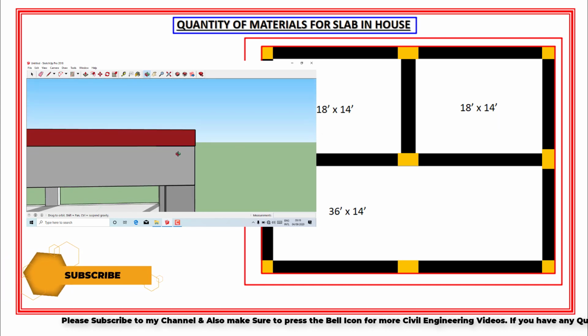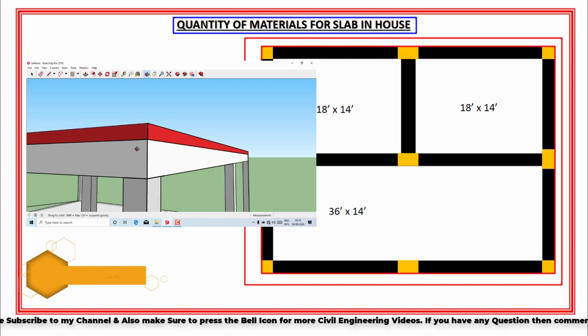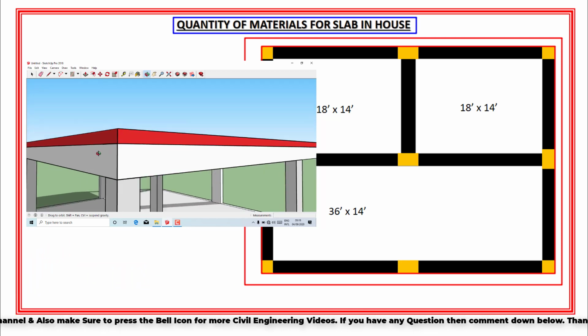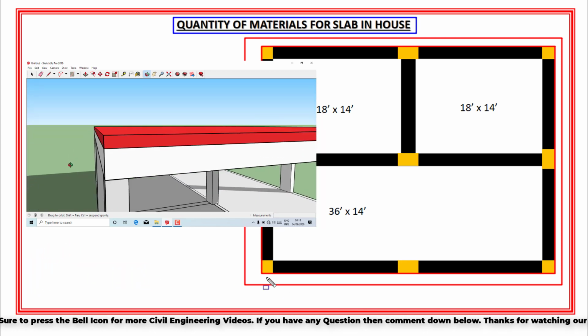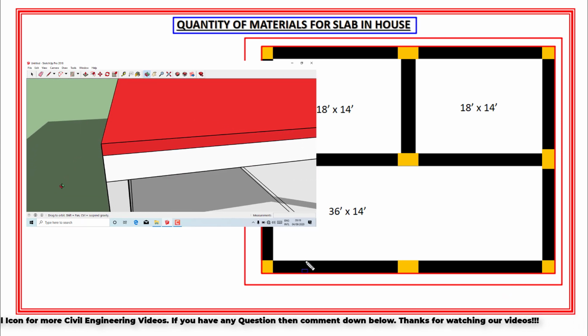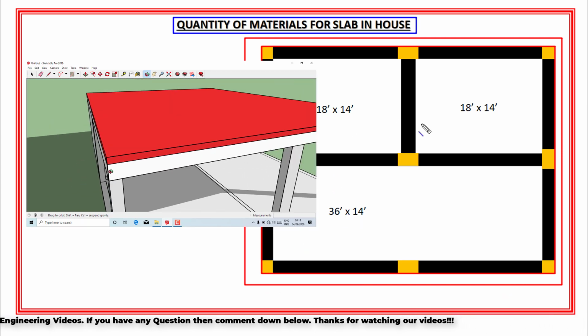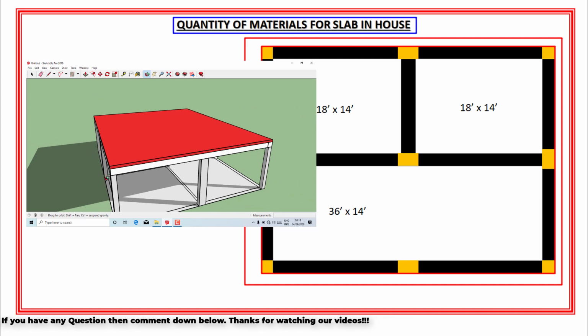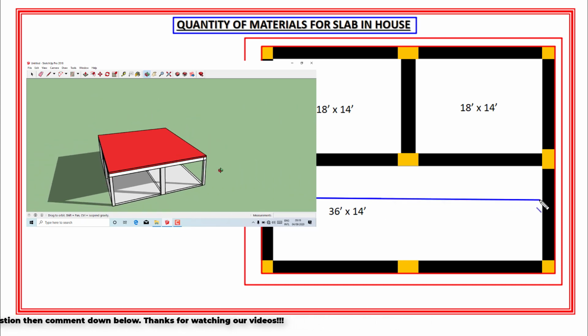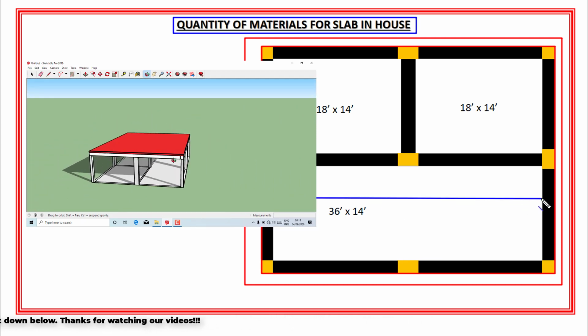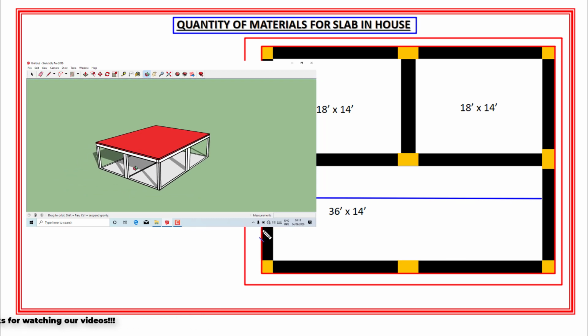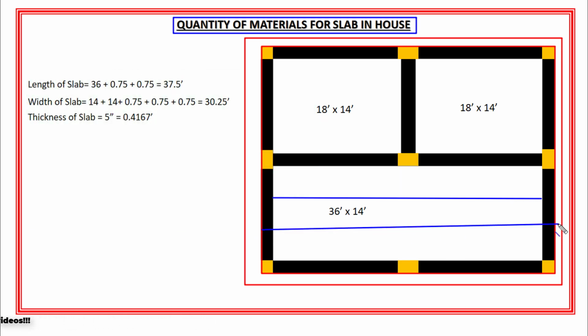For the length and width of the slab, I will take the dimensions from outside of the house. Because the dimensions of these rooms and living room are from inside of these rooms and living rooms. And you should know that the slab will rest on these outer walls. So for that, I have to take the dimensions of the slab from outside of the house. I hope you will understand this point.